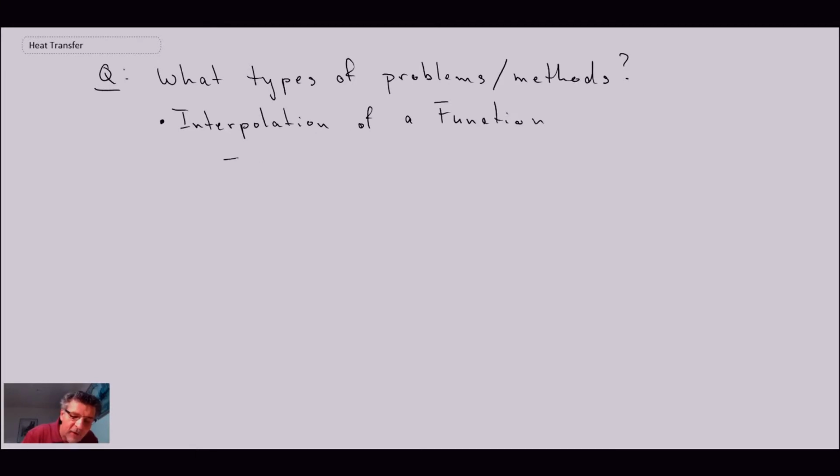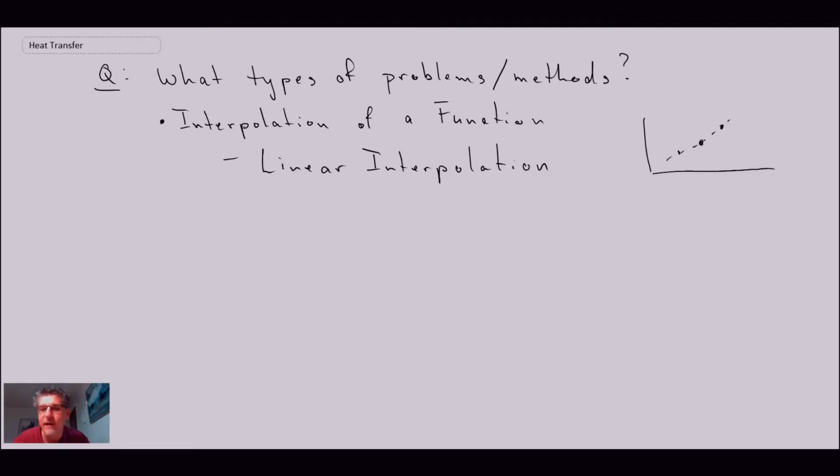If you're doing interpolation of a function, the simplest is linear interpolation. So you know two data points and you're trying to find out some value in the middle. You draw a linear line between the two, and that enables you to get the midpoint. So that's the linear interpolation.